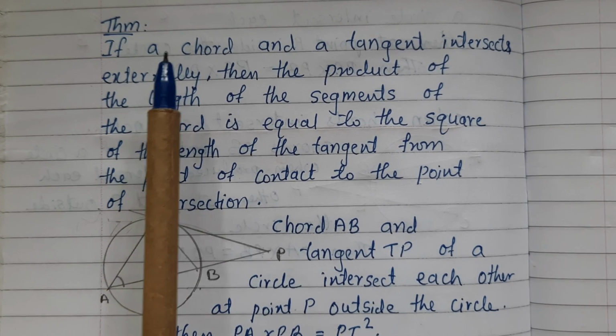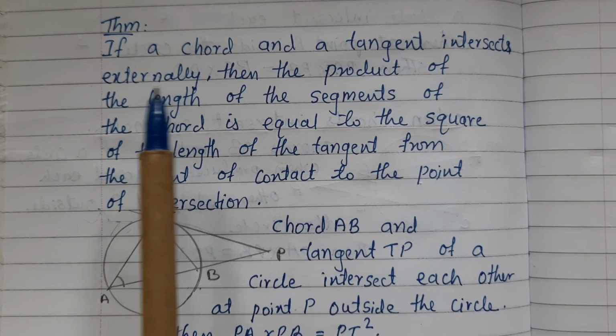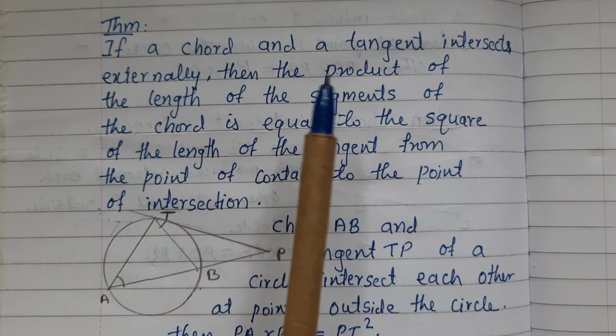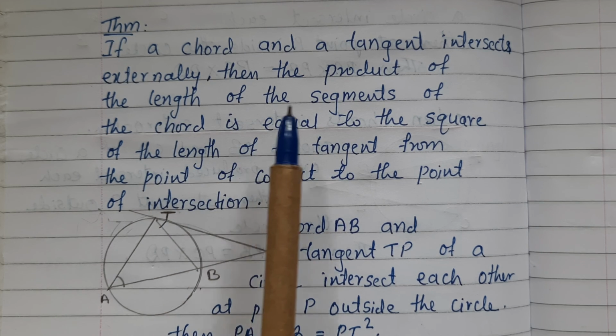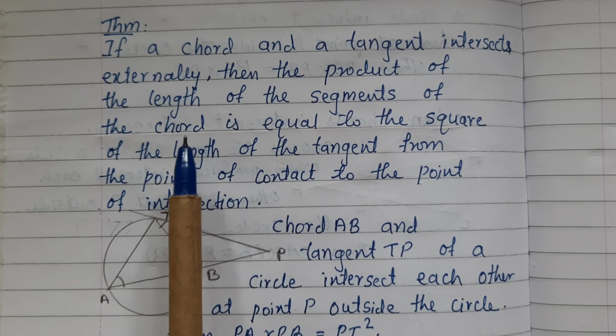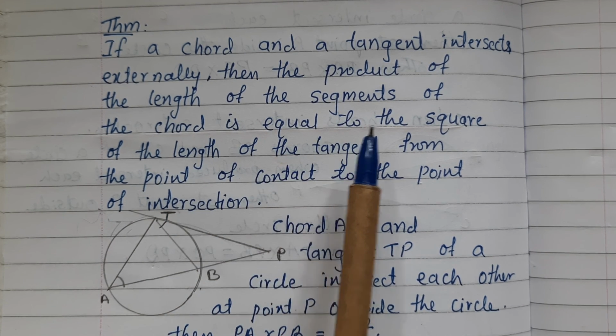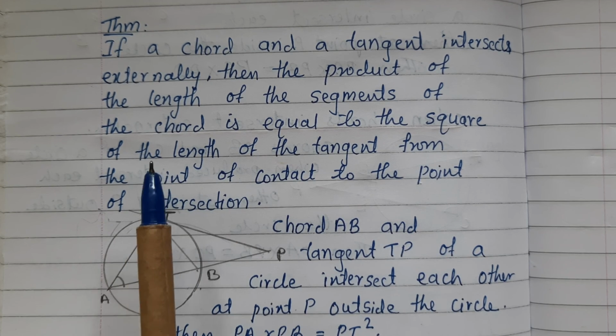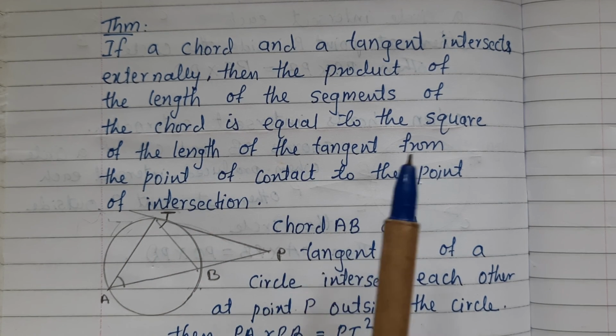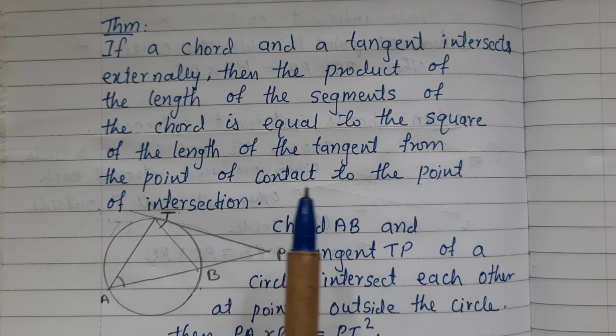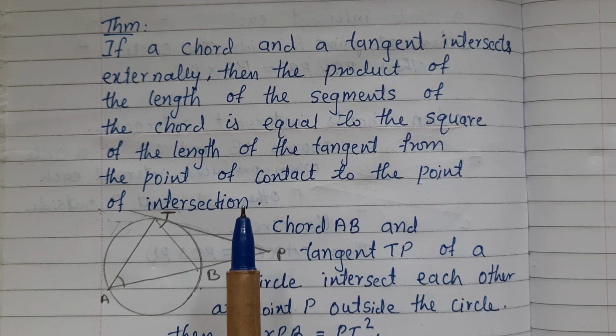If a chord and a tangent intersect externally, then the product of the lengths of the segments of the chord is equal to the square of the length of the tangent from the point of contact to the point of intersection.